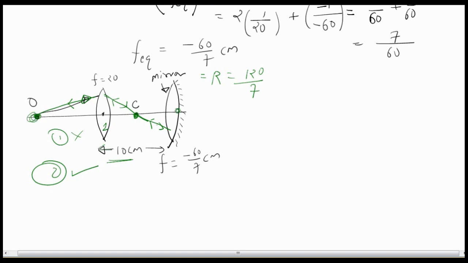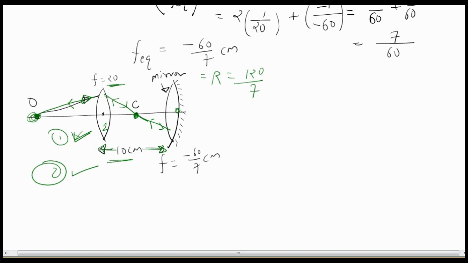For that, the image should be at 10 centimeter distance, which is again impossible, because for a real object this lens cannot form an image at the pole of the mirror. Since the focal length of the lens is 20 centimeter, it will definitely create an image beyond 20 centimeter. So we need to go back to the first method.